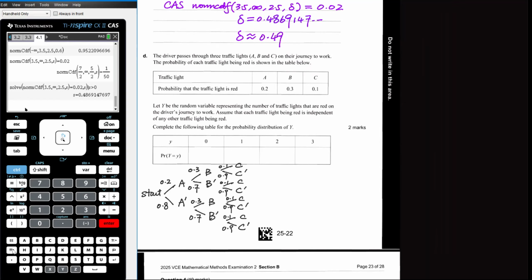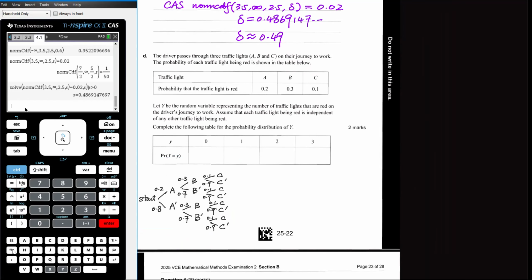Okay, now, Y is the number of traffic lights that are red. So if you look at a tree diagram here, basically, if you have A, B, C, that's Y equals 3. Totally, you have 3 of them. If you have A dash, B dash, C dash, for example, here, here, here, you get Y equals 0.